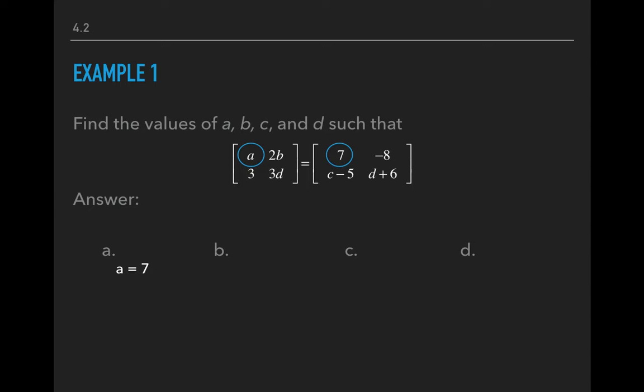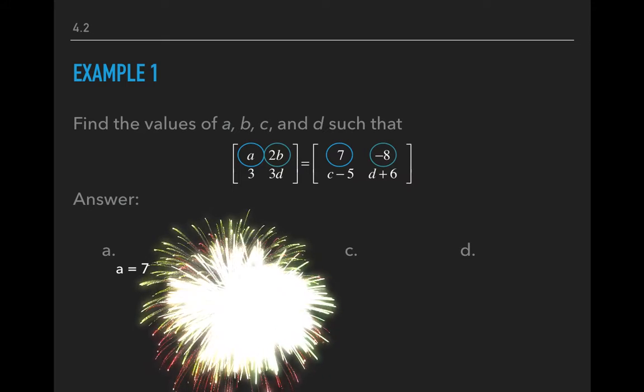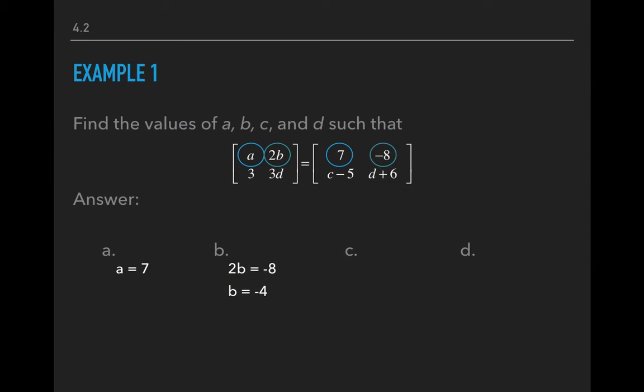Next, we're looking to find the value of B. Well, B is in the first row, second column. And in our other matrix, the value there is -8. So those two elements are equal to each other. That allows us to solve for B by dividing each side by 2. So B is -4.